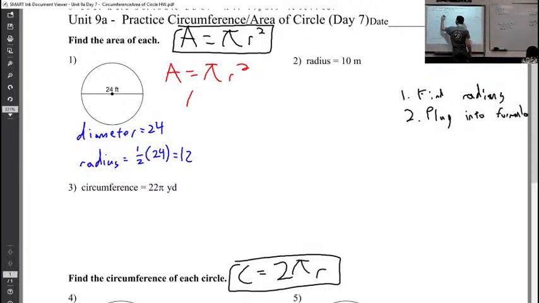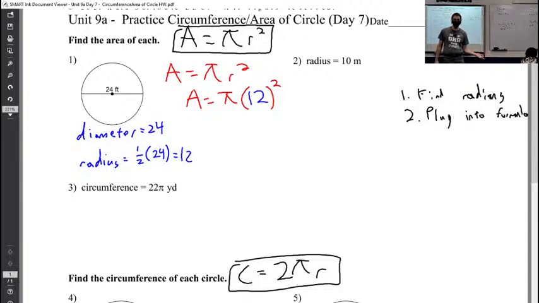So now step 2, we just need to take that radius and plug it into the formula. Pi times r squared. Our radius is 12. And we are going to put our answers in what we call in terms of pi. What I mean by that is that I don't want some big messy decimal as my answer. If I took this exactly and put it in the calculator, or if I use 3.14 for pi, either way, I'm going to get some messy decimal.